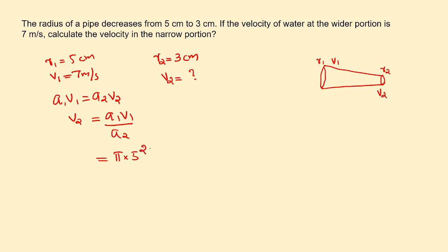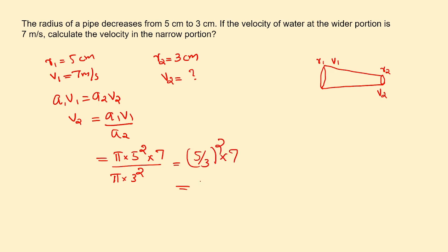So 5 square into V1, 7 meter per second, divided by, what is A2? Pi R2 square. What is R2? 3. 3 square. Okay. That is pi will be cancelled out. That is, we can write 5 by 3 whole square into 7.